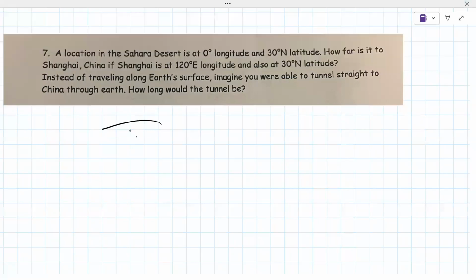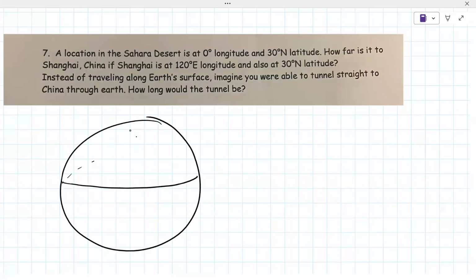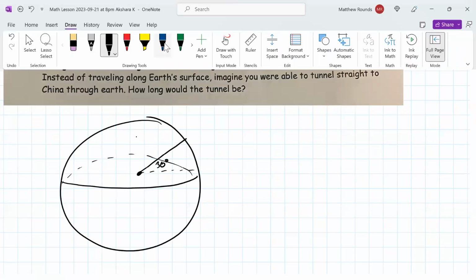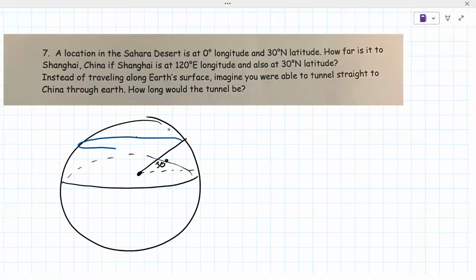So I think it's just another way of asking the same question that we've been doing over and over again. 30 degrees north is that, and then there's some sort of a ring here, a circle again. And we'll get to that in a moment.